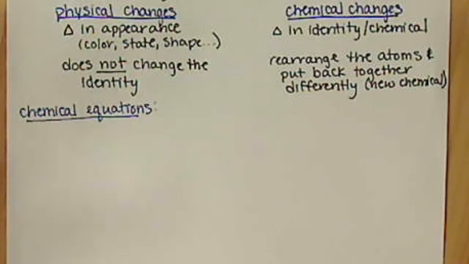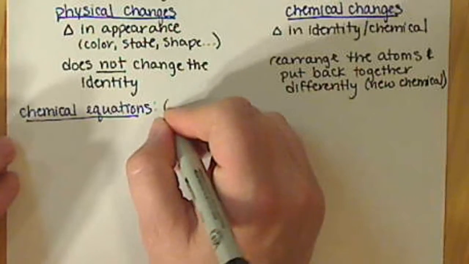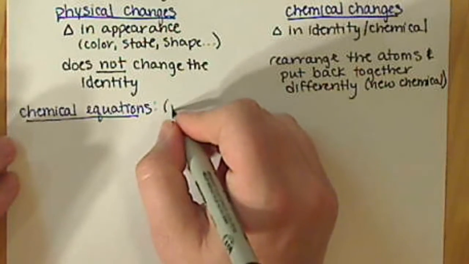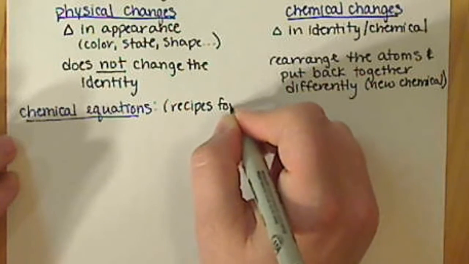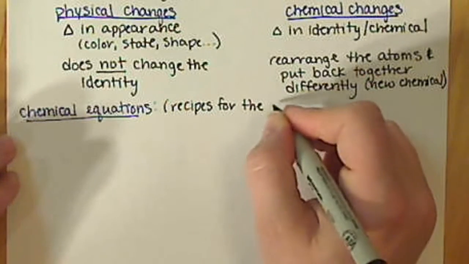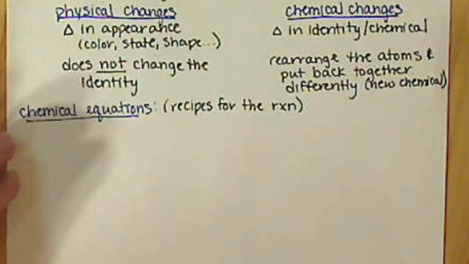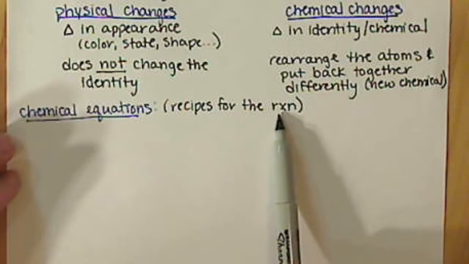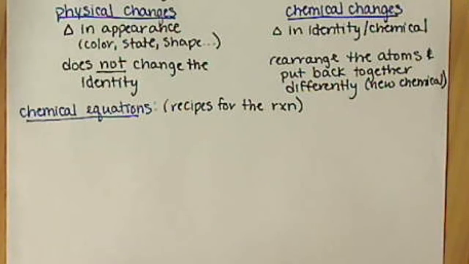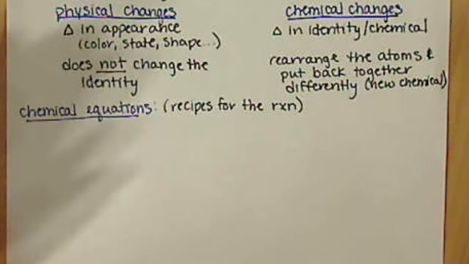Now we're looking at chemical equations. And I think of these almost as really basic, simple recipes for the reaction. By the way, shorthand for reaction, I use RXN. We're going to use that word a lot, so you'll probably see that.